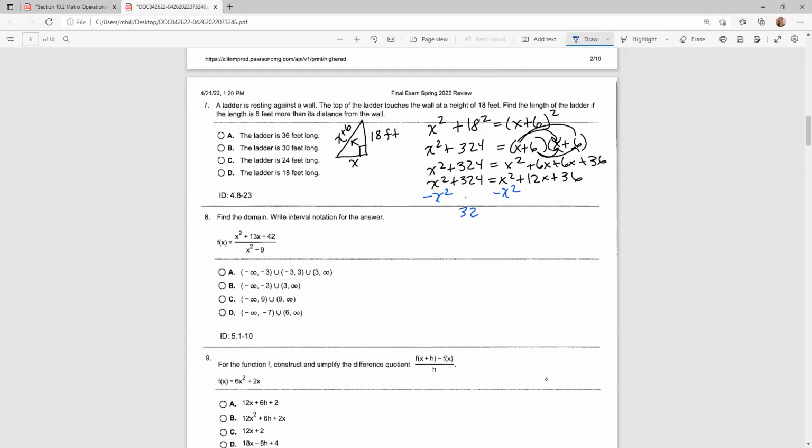So now I just have 324 is equal to 12x plus 36. Subtract 36. Not add, sorry, subtract 36. 288 is equal to 12x. Divide by 12. So x is 24.